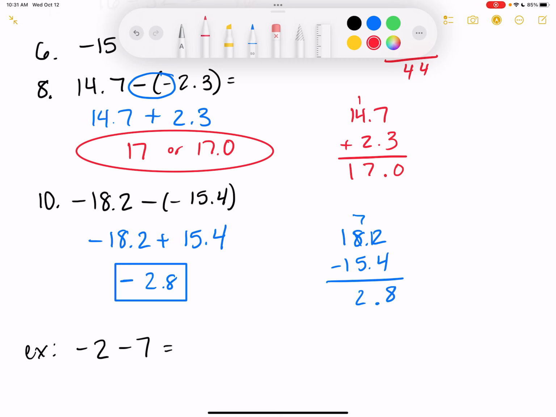So it's going to be negative. And if they have the same sign, what do we do to the numbers? What did we do in the last section when they were both positive? We add them. So we're going to still add them, but in this case the sign is just going to be negative because we always keep the sign if they're the same. So 7 plus 2 is 9. So it'll be negative 9.